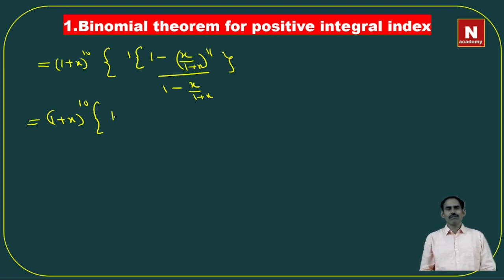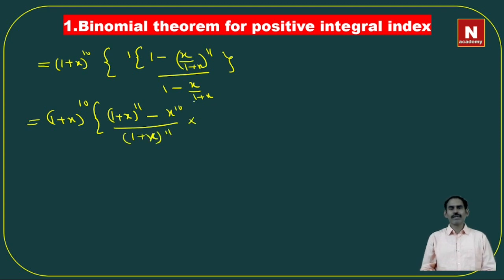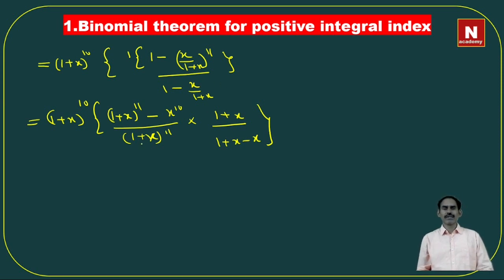So 1 plus x whole power 11 minus x power 11 by 1 plus x whole power 11, into, here the denominator LCM is 1 plus x, I am writing 1 plus x by 1 plus x minus x. This denominator I am writing in the numerator. So 1 plus x power 11 and 10 get cancelled, plus x minus x gets cancelled.